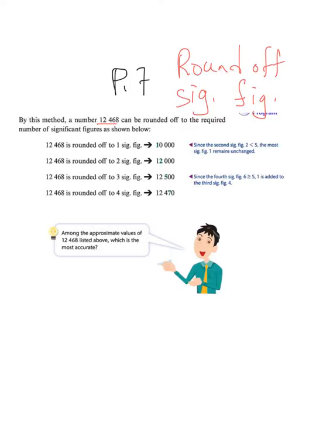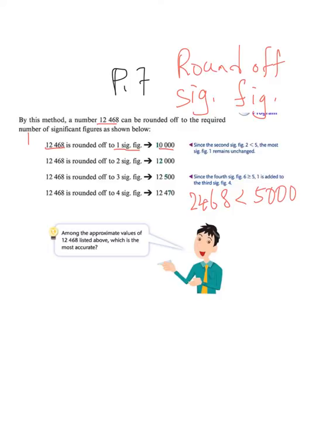For example, if I want to correct 12,468 approximately to one significant figure, you look at the leftmost non-zero number, which is the 1, and then you correct the rest to become 0, 0, 0, 0, because 2,468 is less than 5,000, so we round it down.